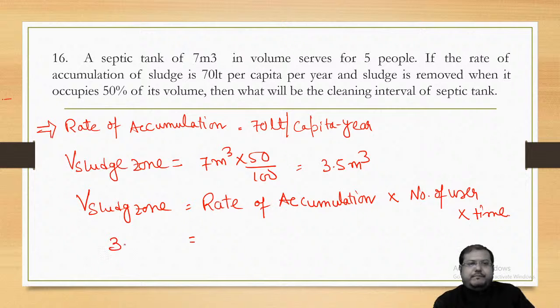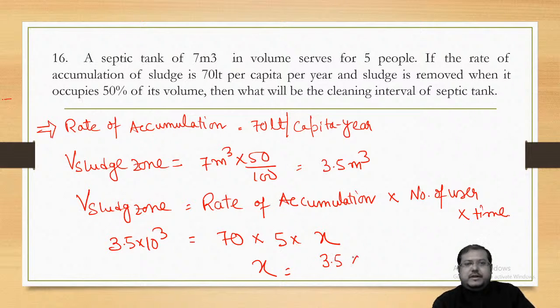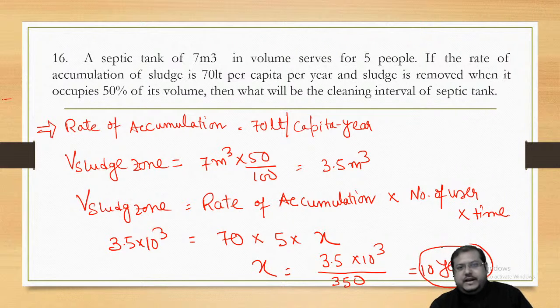It's 3.5 into 10 to the power 3 liter. Rate of accumulation is 70 liter per capita. Number of users is 5. That is x. X is equal to 3.5 into 10 to the power 3 by 350. It's 10 years, will be your final answer.